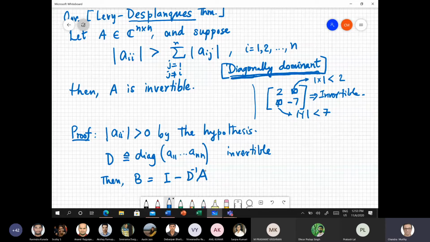And so this matrix B will have, since the identity matrix of course has ones on the diagonal, when I subtract these out, the 1 and 1 will cancel, and this matrix has zeros on the diagonal.